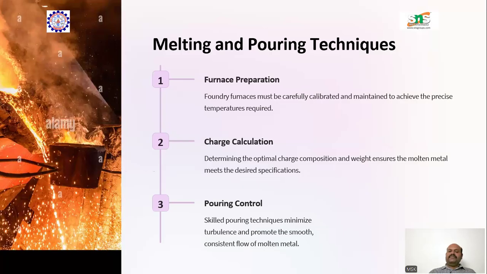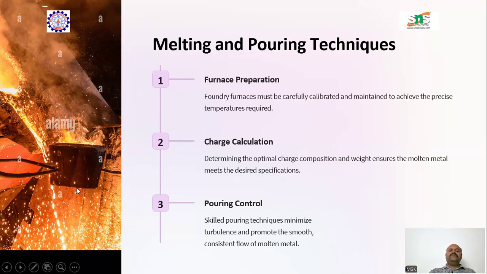Melting and pouring techniques, we have three kinds of techniques here. One is furnace preparation. Foundry furnaces must be carefully calibrated because the temperature has to be maintained to melt the metal. Next one is charge calculation. That is the amount of material that is deposited in the ladle. Here we can see a ladle. This ladle has a capacity. More molten metal is not permitted, less molten metal is not permitted.